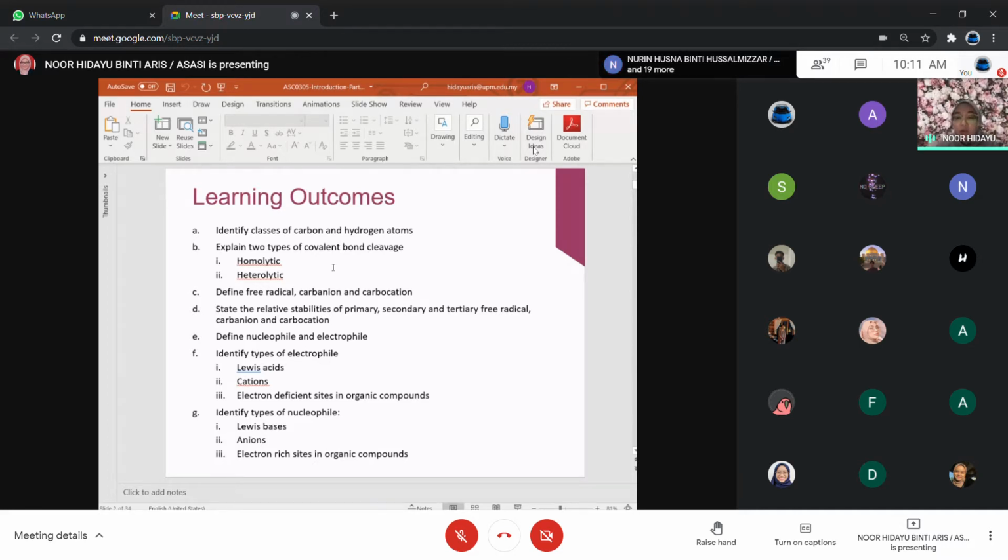So covalent bond macam mana kita nak form? Between atom. Can form covalent bond? By sharing the electron between two atoms.